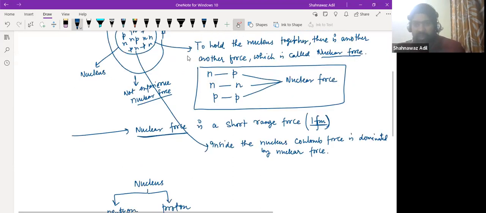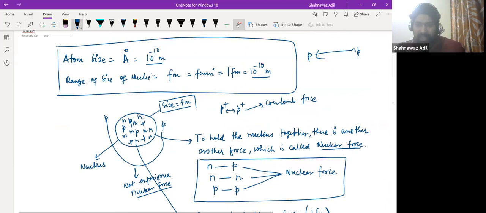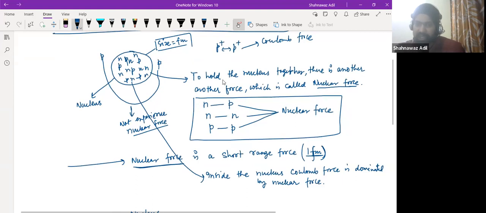So the nucleus is stable by this nuclear force. Inside the nucleus, the Coulomb forces are comparatively very small, and nuclear force is very large. That is why the Coulomb force is not dominating inside this nucleus, and all these protons and neutrons are together.